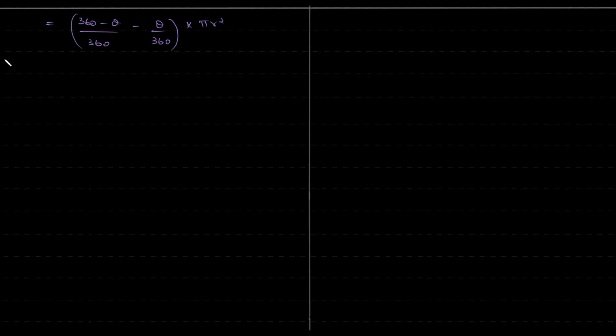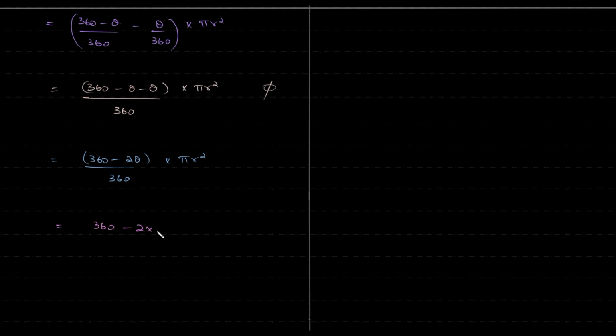Now what is the LCM? 360. So we have 360 minus 2 theta divided by 360, into pi r square. This step is not required, it's only for you guys to understand. At last we have 360 minus 2 into 90 by 360, which is 180, basically half.